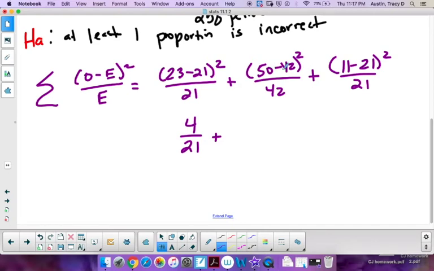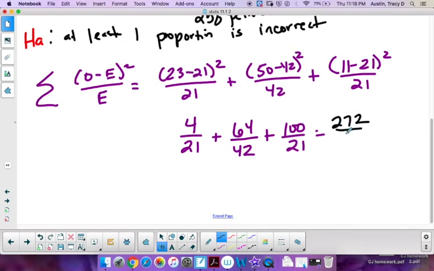No, that's 8. 50 minus 42. Wow. 64 over 42 plus, oh, that's going to be 100, right? 100 over 21. And again, I'm sure you've got this much, much faster in your calculator. I'm just going to go ahead and add them up. That would be 272 out of 42.